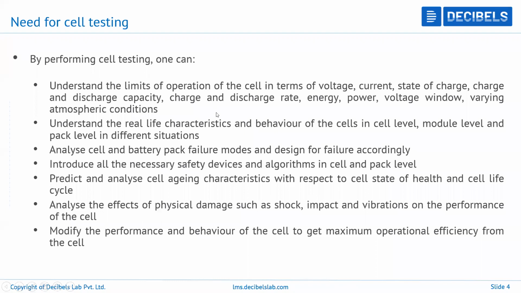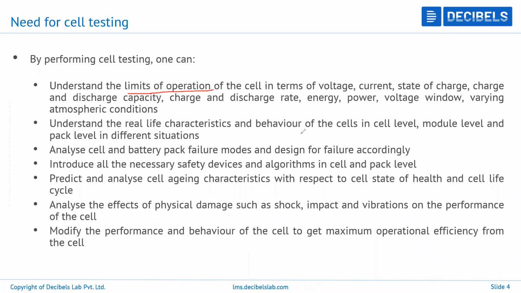Yeah. So keeping all of the points that we saw in the previous slide, we can now extend this to the need for cell testing. So by performing cell testing, the idea that we get, you can summarize it as follows. Okay. So the most important thing you can understand is the limits of operation.